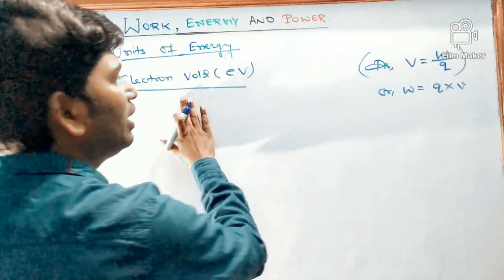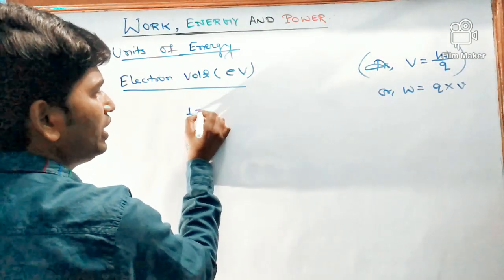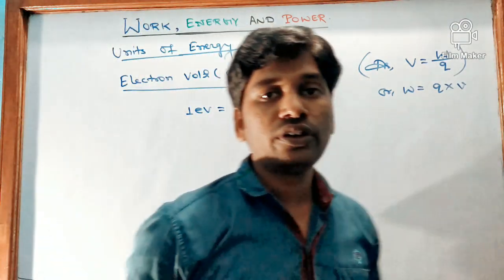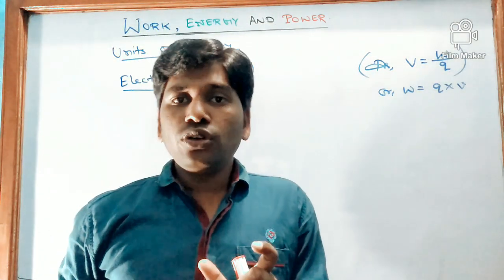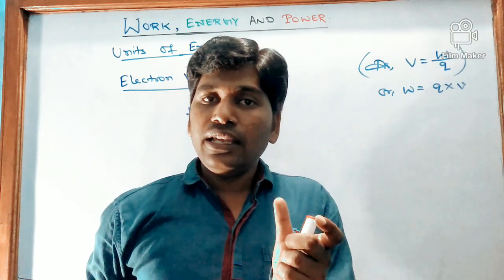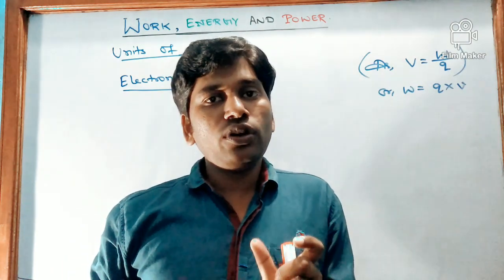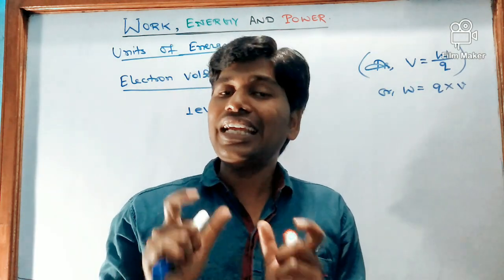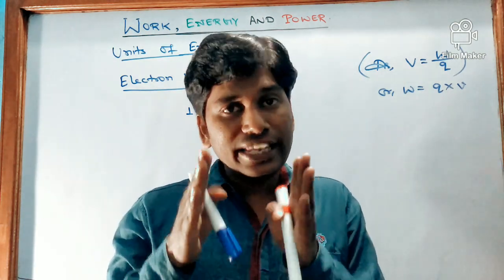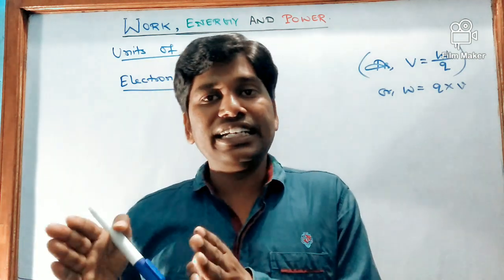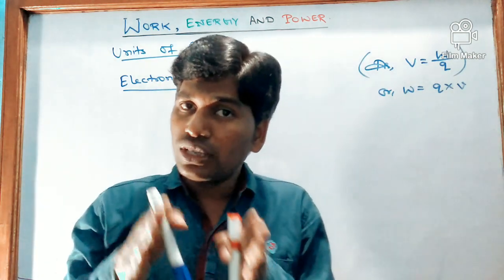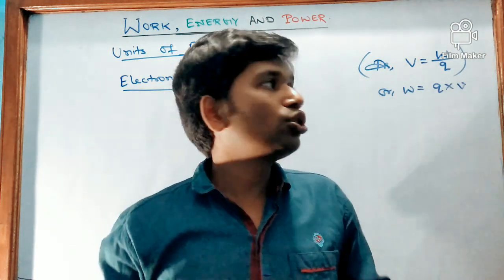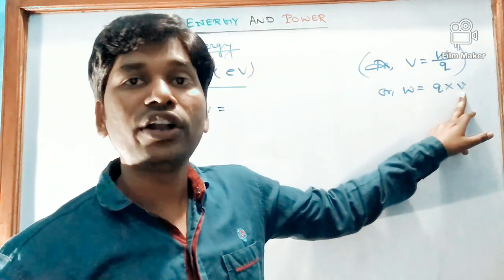So 1 electron volt is the kinetic energy gained by an electron when it is accelerated through a potential difference of 1 volt.